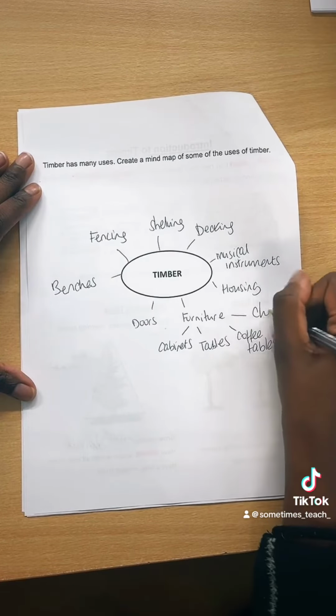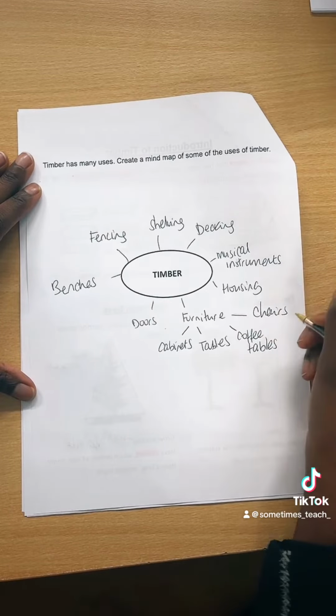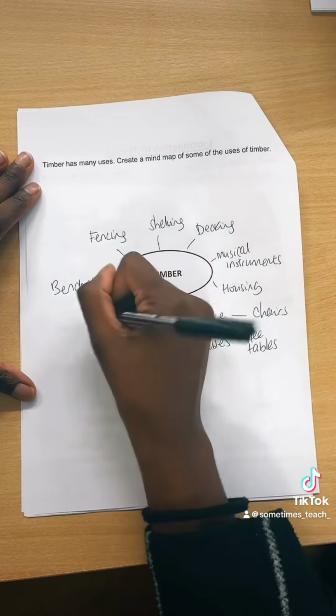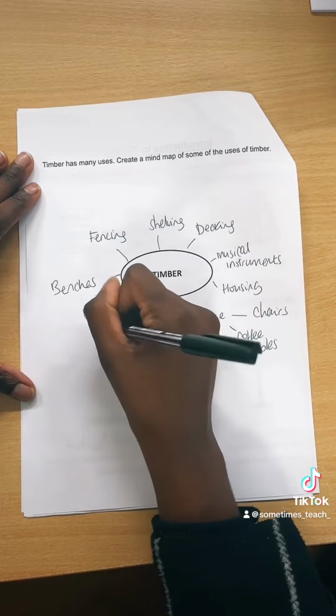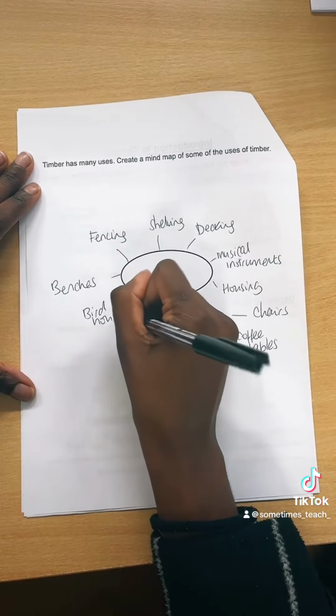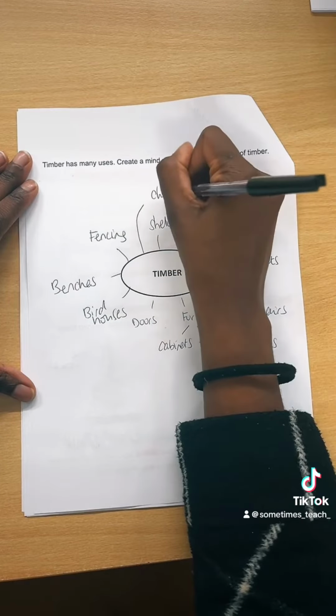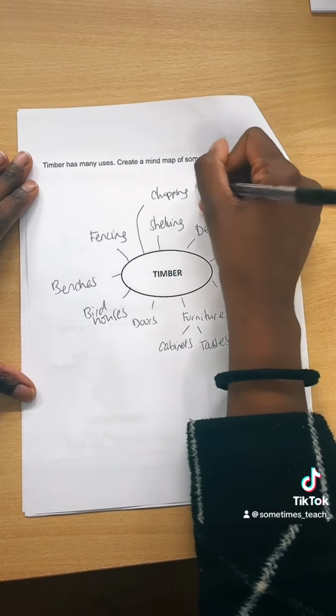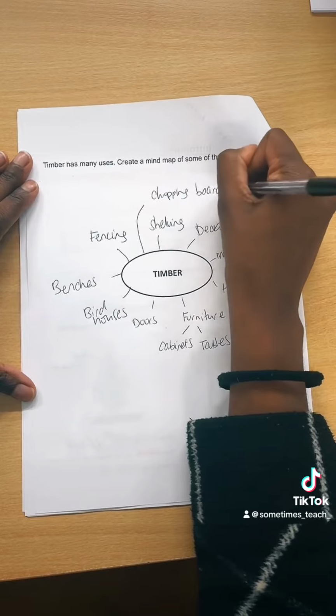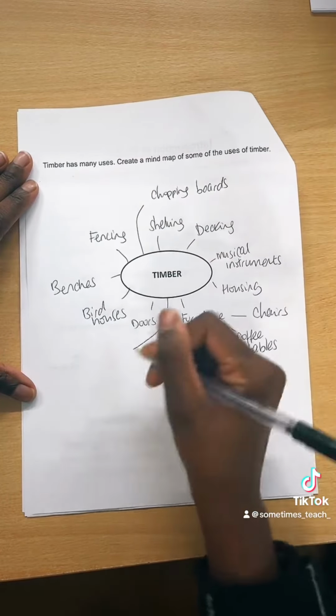Chairs. Bird houses, well done. Chopping boards, very good. Sleepers, do you mean like beams?